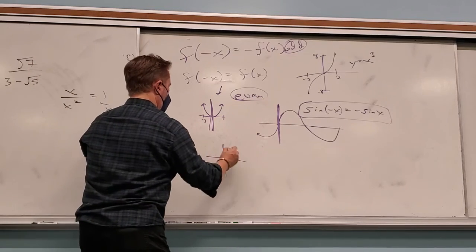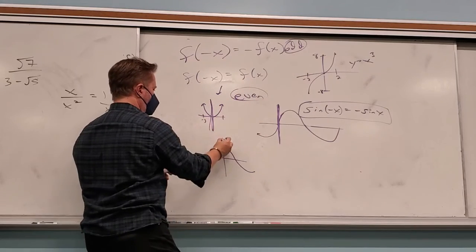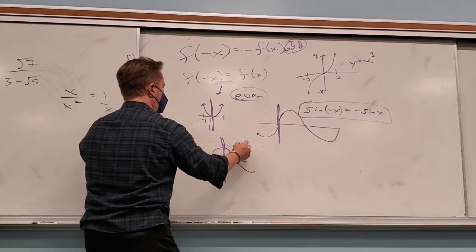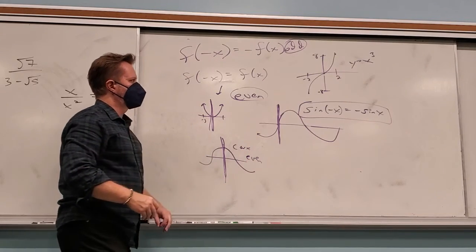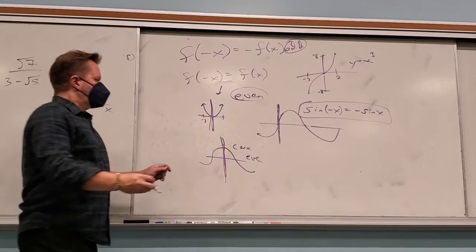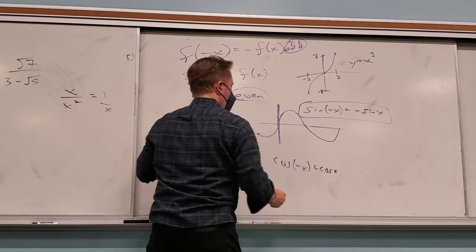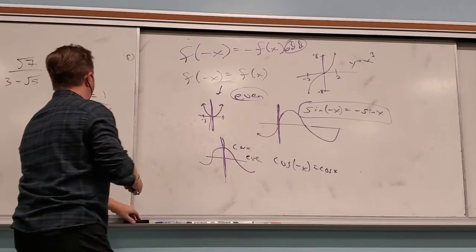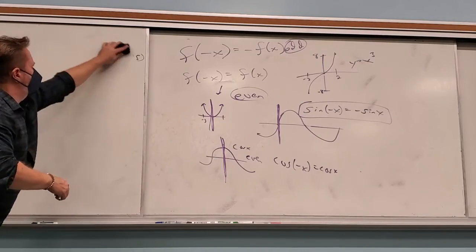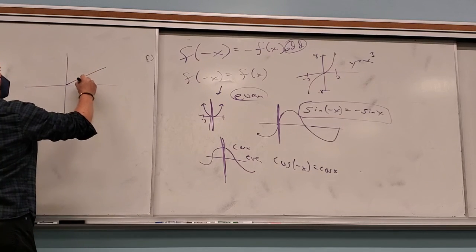Cosine looks like this, and that looks more like a parabola. It looks symmetric with respect to the y-axis, so cosine has even symmetry. So that means that cosine of negative x equals cosine of x. And real quick, another way to see this, can somebody tell me what is the cosine of 30 degrees?